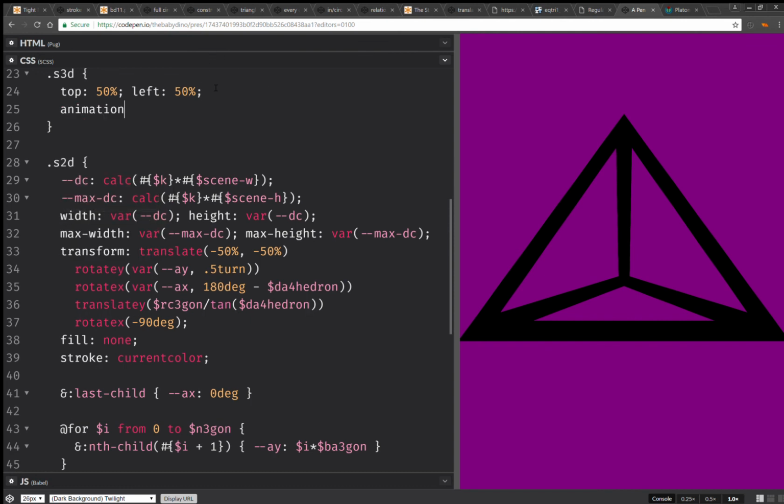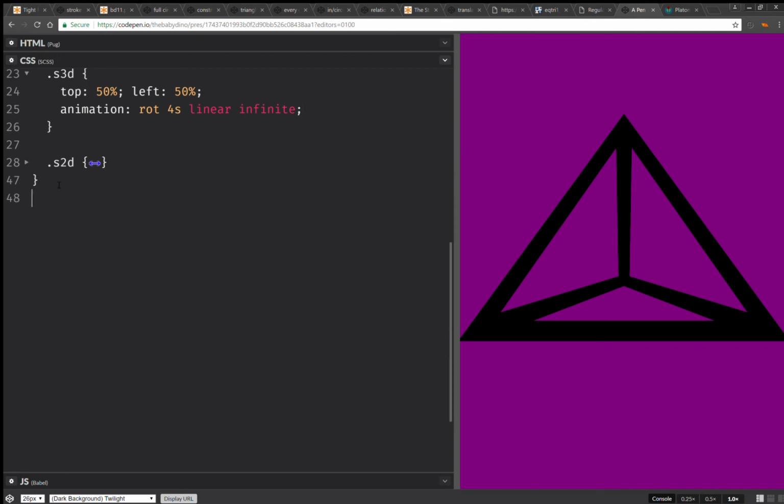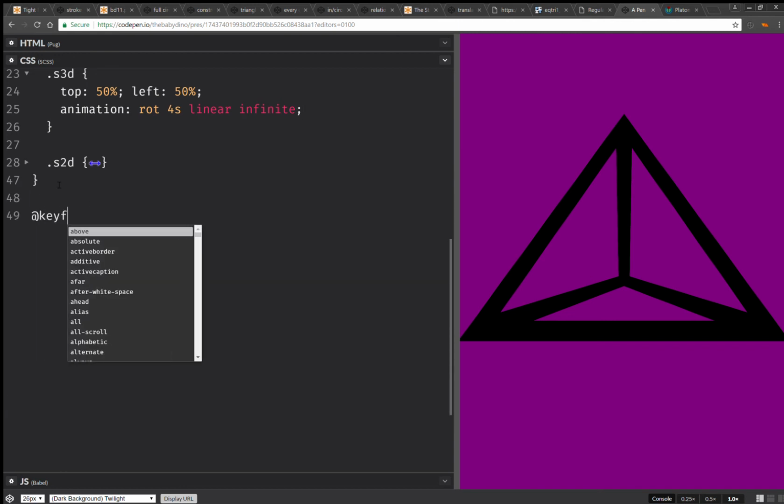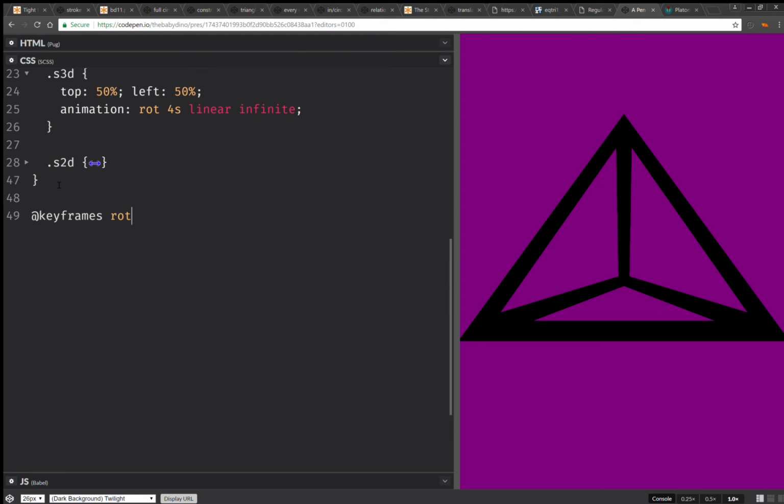Animation, rotation, 4 seconds, linear, infinite, and we can collapse this, and then we're going to have keyframes rotation, and this is going to be to transform, rotate Y, 1 turn.